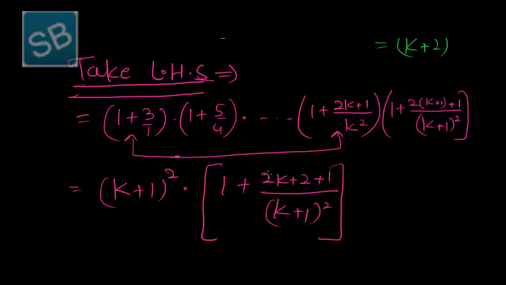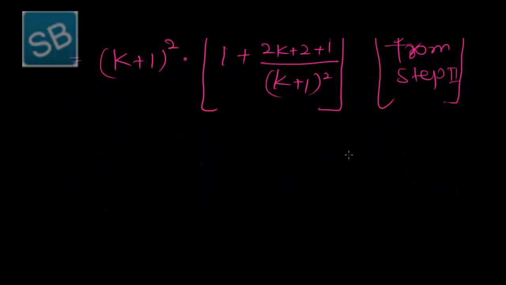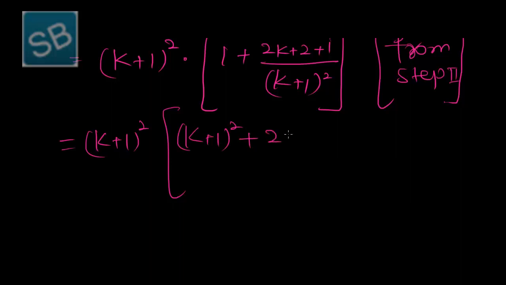As here we use the step 2 result, we write here 'from step 2'. We have to write the reason from where we get this. So here we get (k+1)². By taking LCM, we get (k+1)² plus (2k+3) over (k+1)².